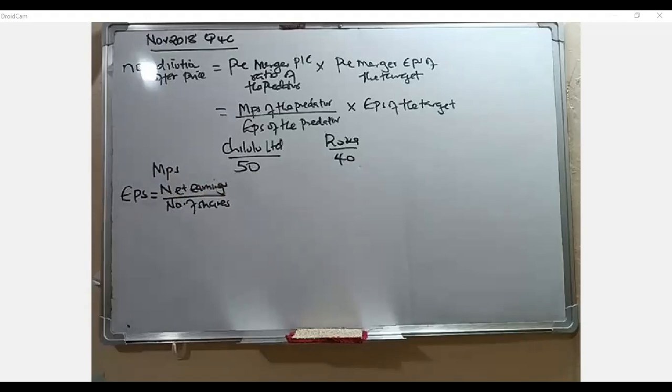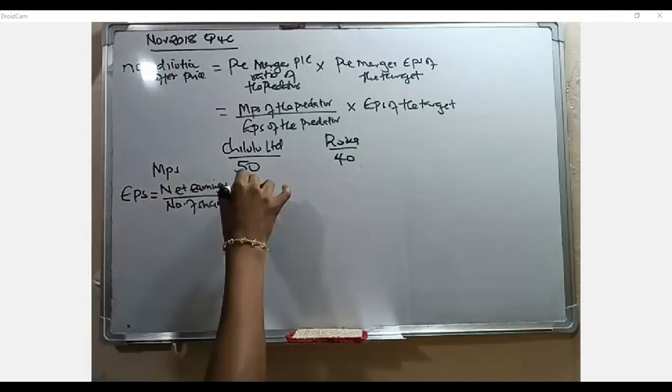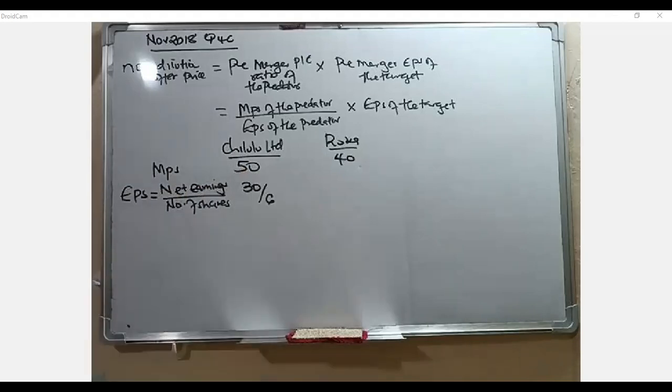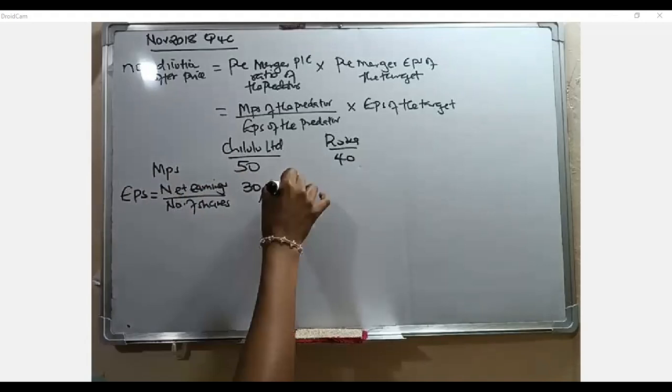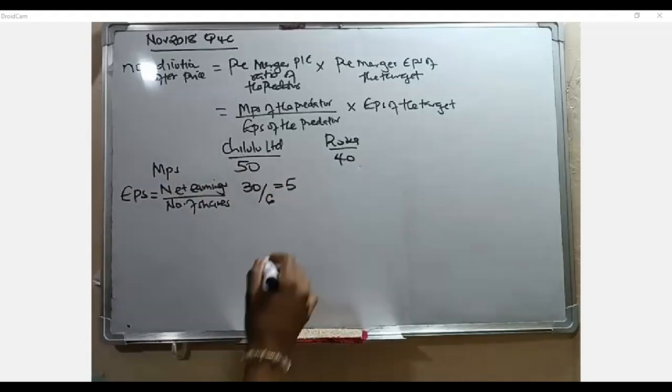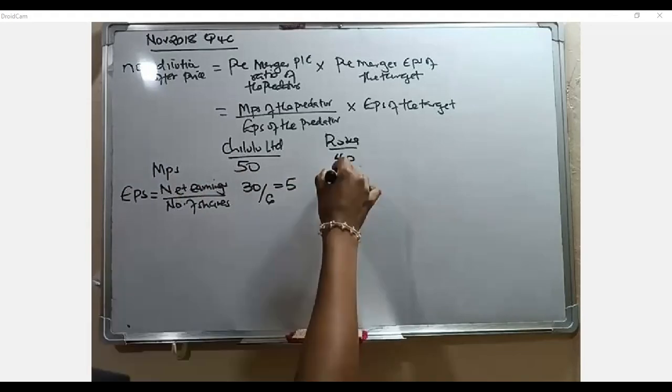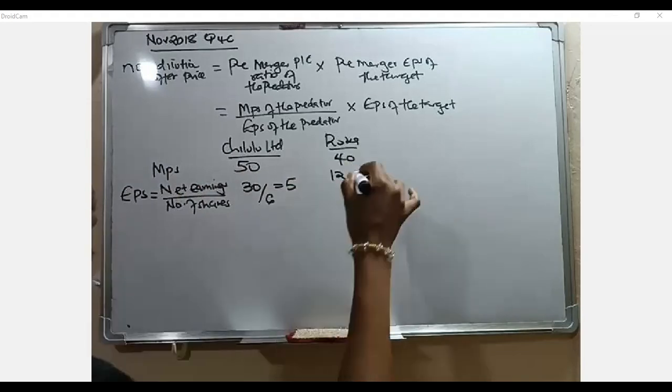So let's start with Chilulu. The net earnings I've been given is 30 million. So I just take 30 and divide by 6, because the number of shares for Chilulu is 6. This translates to 5. Then for the other company, the net earnings are 12. You divide by 2, which translates to 6.